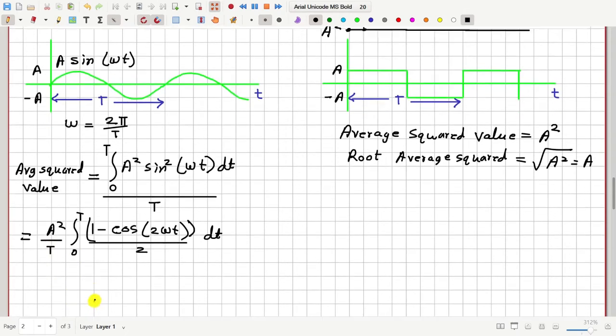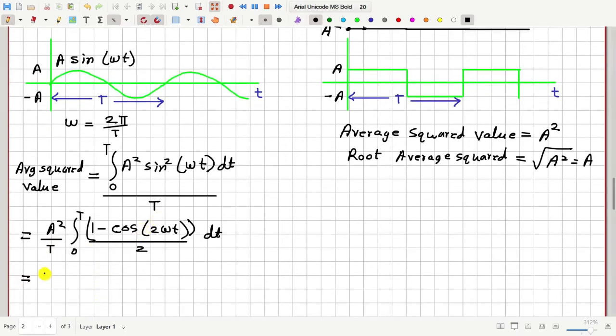Now if you carry out this integration, you have A squared by T here. Integration of 1 is t, and integration of cosine is sine 2 omega t divided by 2 omega, with a minus here.